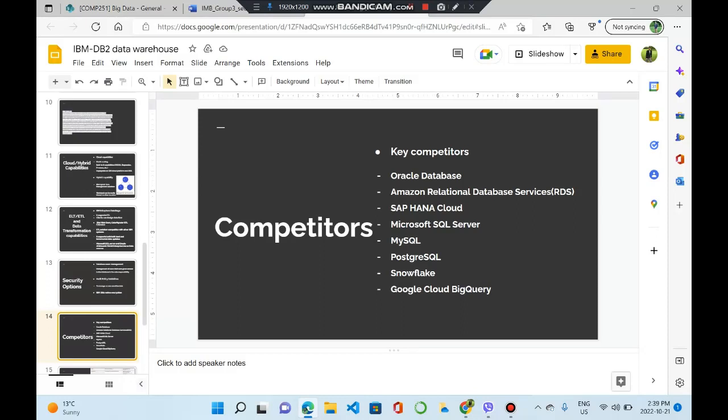The key competitors are Oracle Database. Oracle Database is a multi-model database management system produced and marketed by Oracle Corporation. It's commonly used for running online transaction processing, data warehousing, and mixed database workloads.